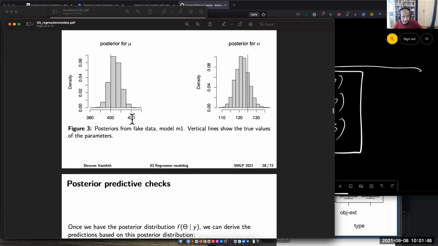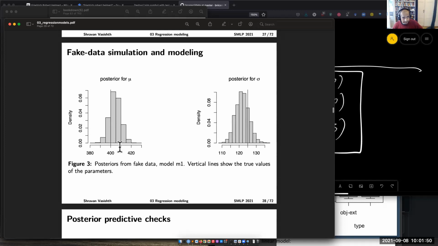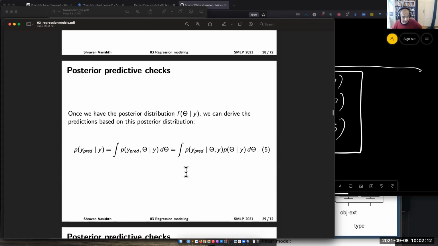So we have these posteriors for these mu's. These are also probability density functions, so we can use them to produce future data. These posteriors are now informed by the data that we used. We have learned something from the data, and we're going to use that knowledge to produce future data. And that future data is called posterior predictive data.